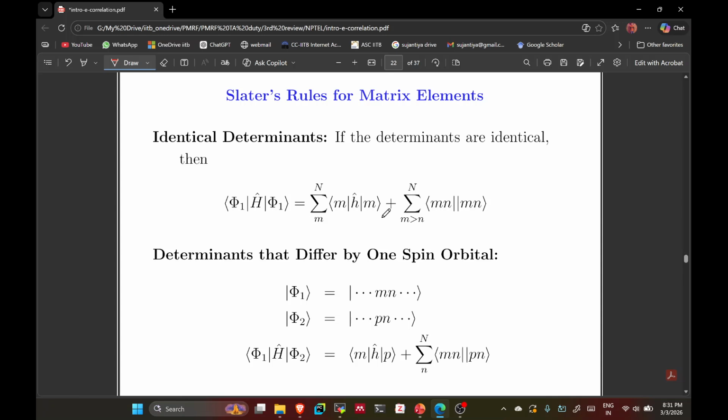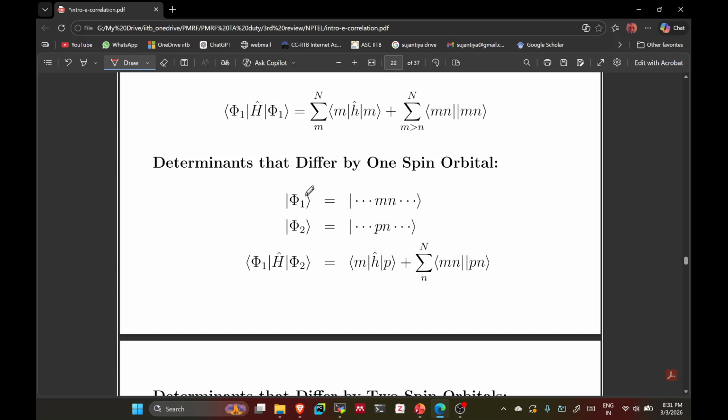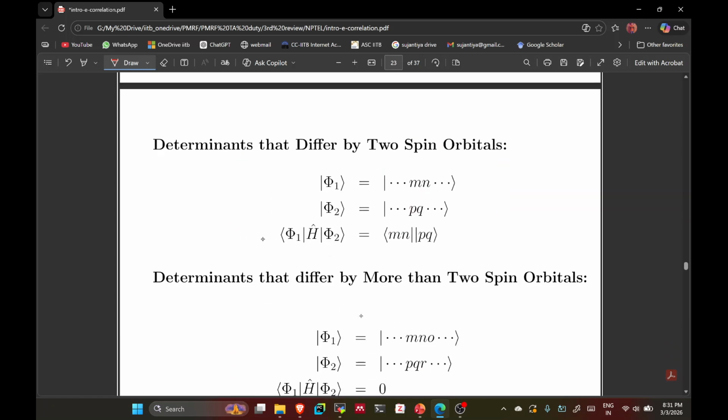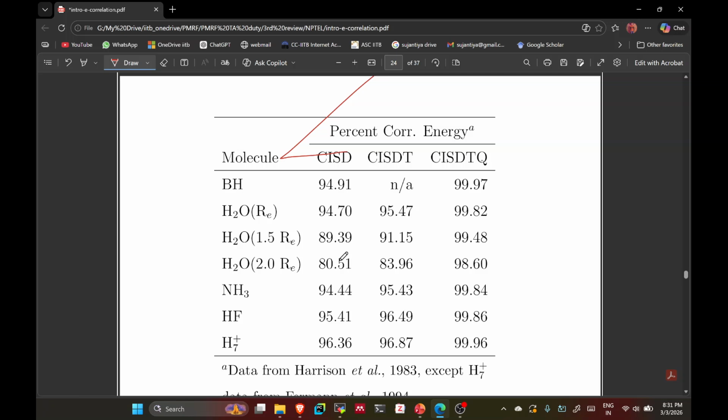This is for identical determinants. And where the determinants differ by one spin orbital, here it was n and here it is p, this is the formula that you already know. And if the determinants differ by two spin orbitals, that goes to zero, right? That has already been taught. Now look at this table.